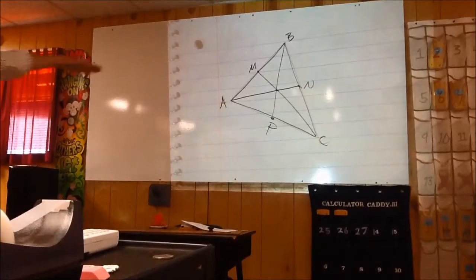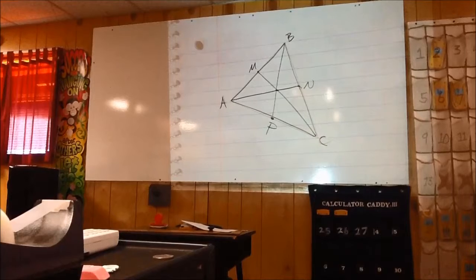Alrighty, on your diagram, all of us are able to put in some marks of congruency. There are segments in every single one of our diagrams that we absolutely know are congruent.